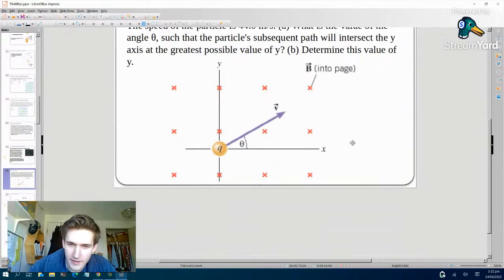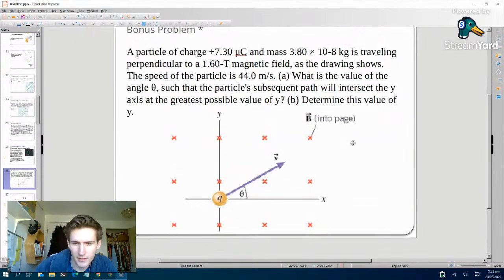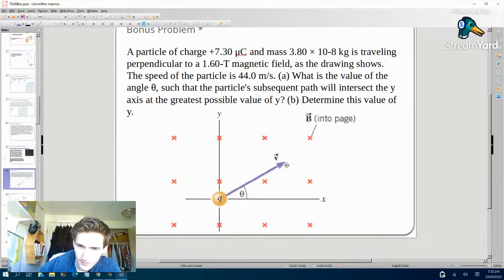Okay, so from my understanding here, the reason why the maximum value of y is twice the radius is because particles can be traveling in a circular motion counterclockwise.